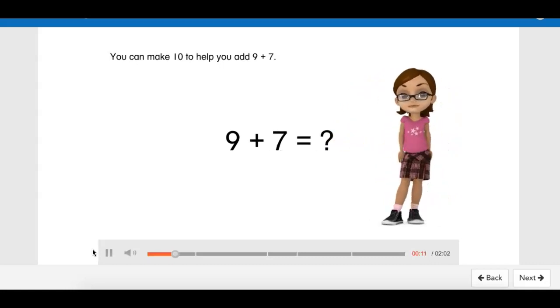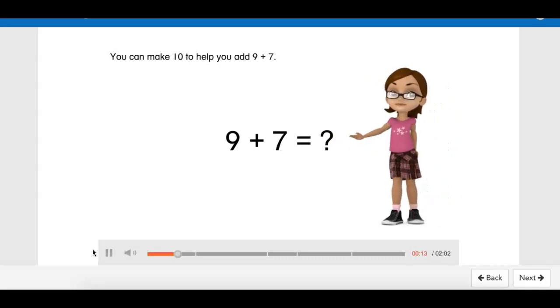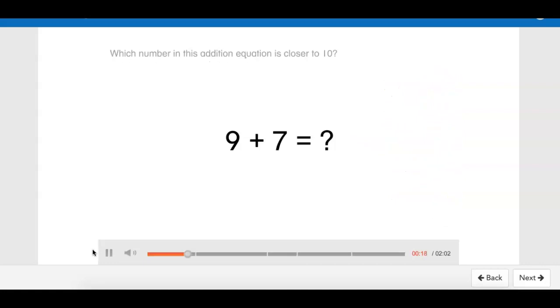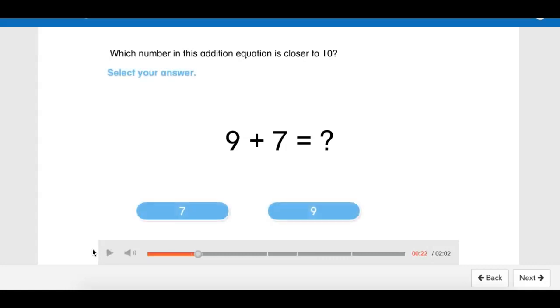You can make 10 to help you add 9 plus 7. Which number in this addition equation is closer to 10? Select your answer. Which number is closer to 10, 7 or 9?